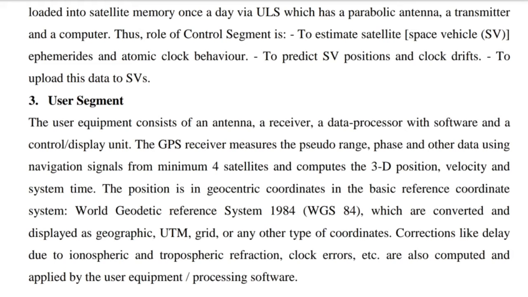The position is in geocentric coordinates in the Basic Reference Coordinate System, World Geodetic System 1984, WGS84, which are converted and displayed as geographic, UTM grid or any other type of coordinates. Corrections like delay due to ionospheric and tropospheric refraction, clock errors etc. are also computed and applied by the user equipment or processing software.